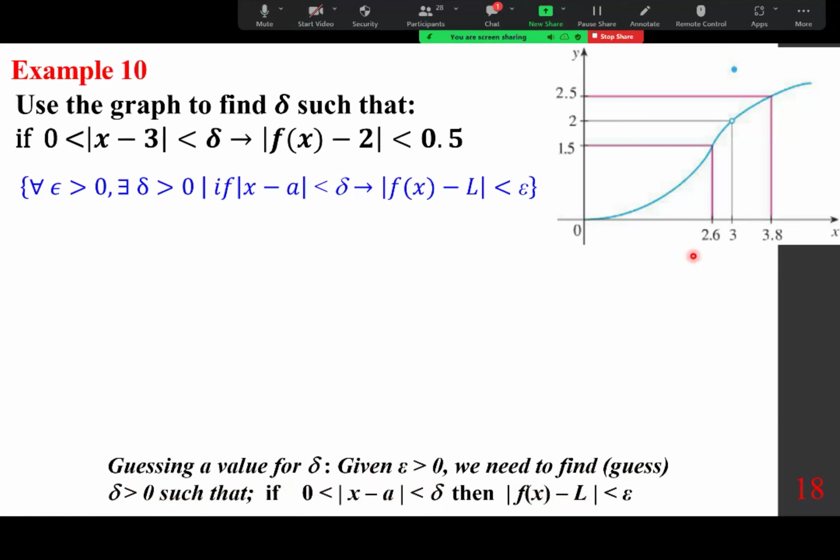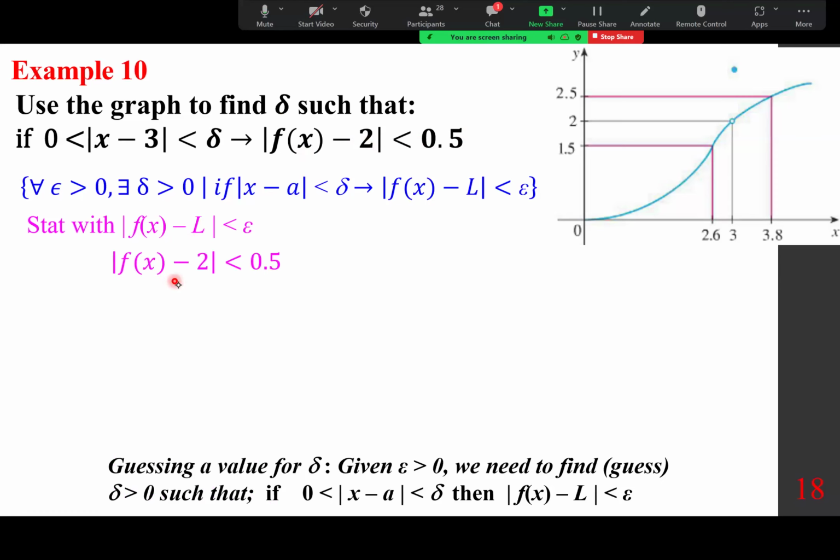Of course, the graph really indicates that, for example, f of x is between 1.5 and 2.5, and x is between 2.6 and 3.8. However, let's always restart with the absolute value of f of x minus L less than epsilon. So with that being the case, we put the absolute value of f of x minus 2 less than 0.5. This is what we start with, the second part.